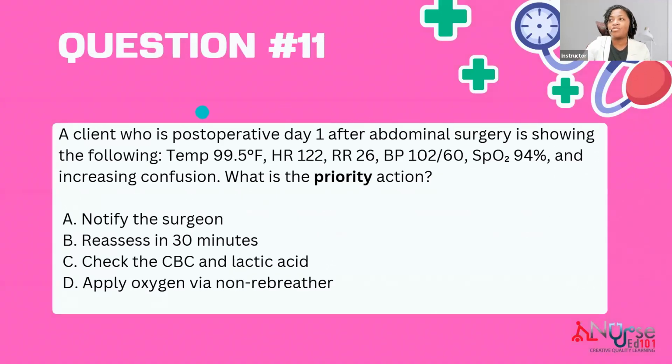All right, we're coming down the stretch here. This question says a client is post-op day 1 after an abdominal surgery, and they're showing the following vital signs. Temperature 99.5, heart rate 122, respiratory rate of 26, and a BP of 102/60. Their SpO2 is 94% as well.